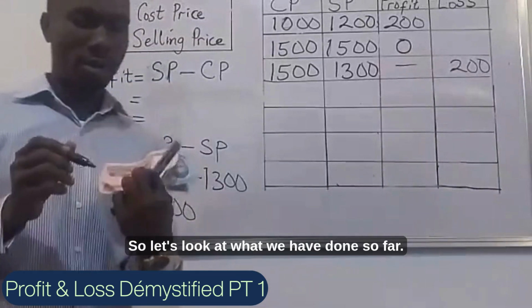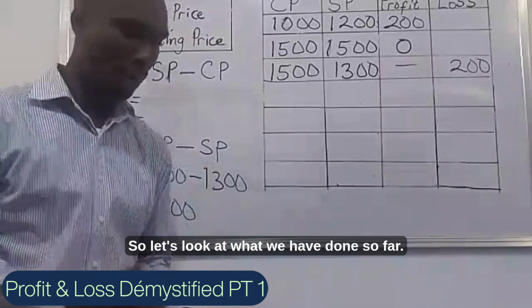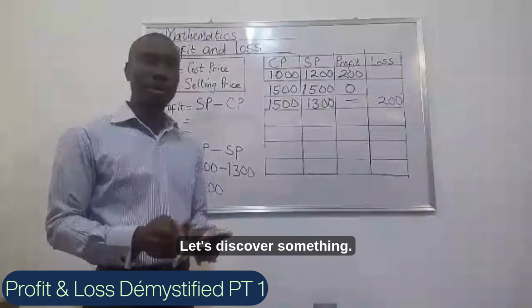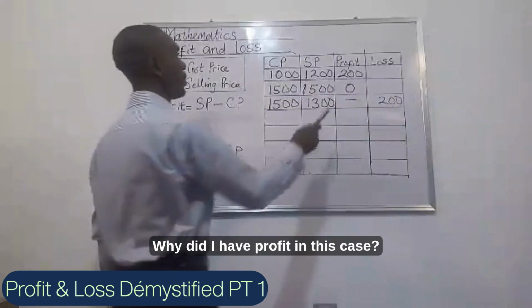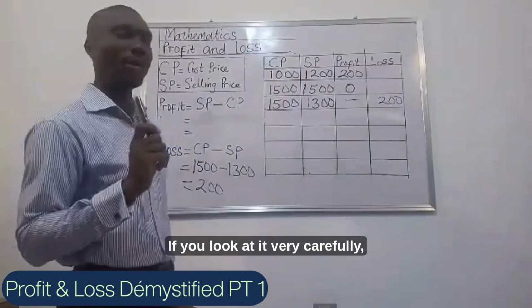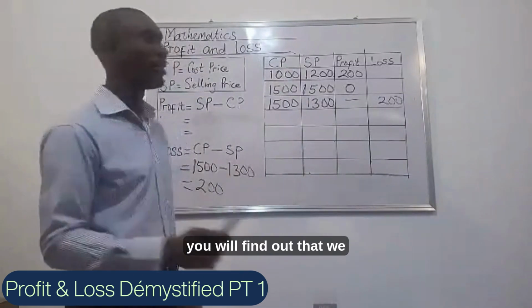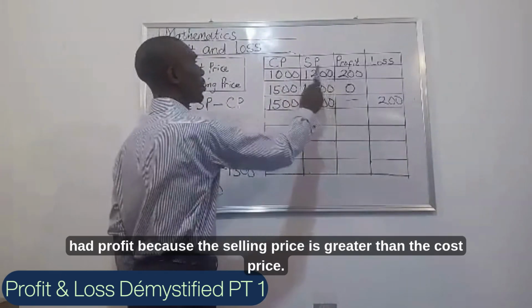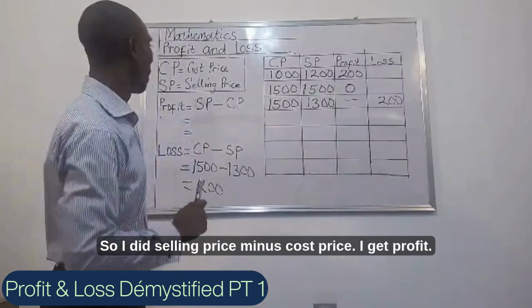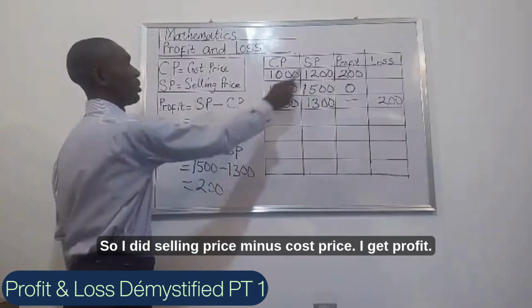So let's look at what we've done so far. Let's discover some things. Why did I have profit in this case? If you look at it very carefully, you'll find out that we had profit because the selling price is greater than the cost price. So I did selling price minus cost price.